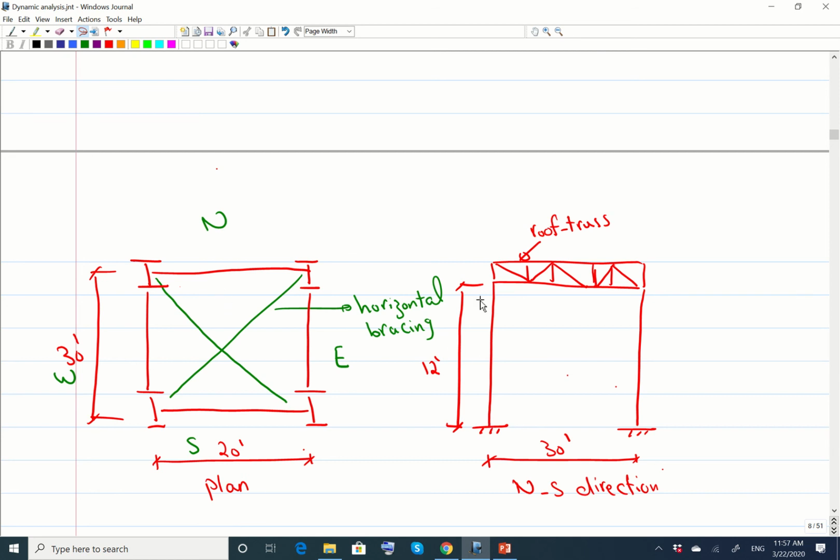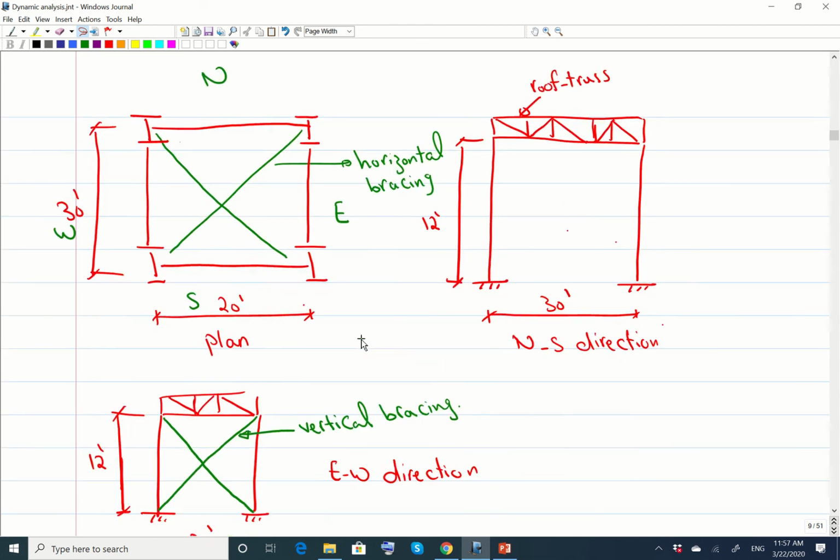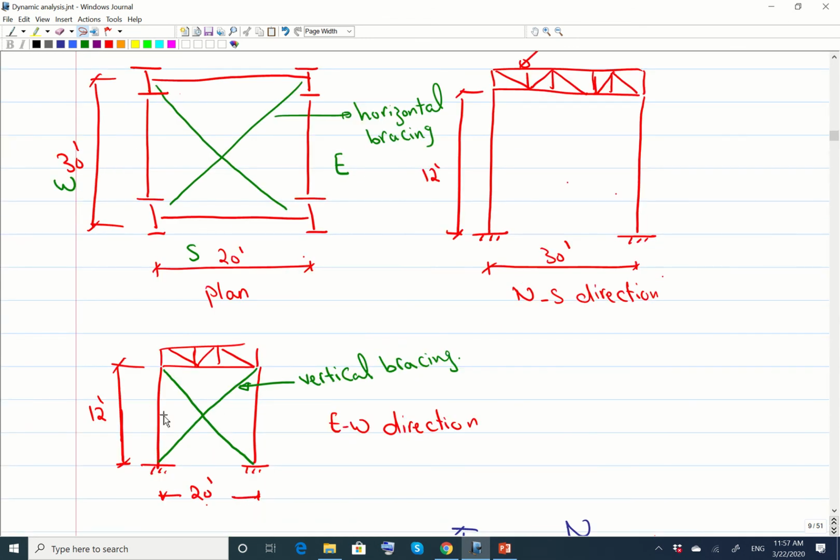In this case, the stiffness comes from the frame over here. The other thing that we want to find is, if the horizontal force is applied from the west to east direction, what's going to be resisting the horizontal force is those bracing as well as the columns. We're going to see the contribution of each of those parts, the vertical bracing as well as the columns.